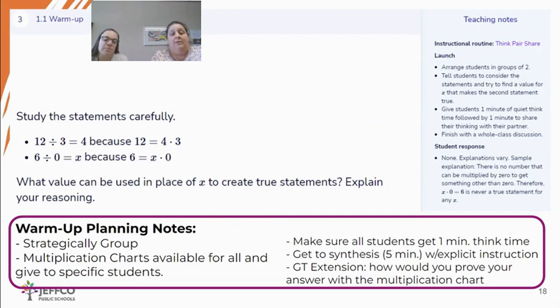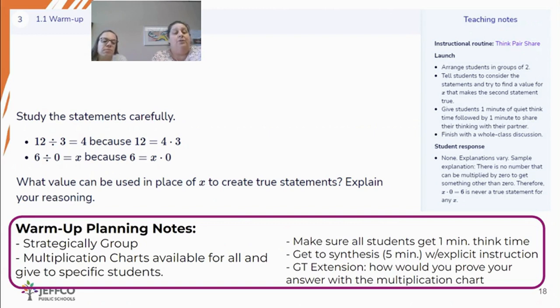You might have leveled groups, where all of our students in one skill set are here, another skill set are here. And what we decided to do for this warm-up is to strategically group them in a heterogeneous way, where we have students that are below grade level, on grade level, and above mixed together.